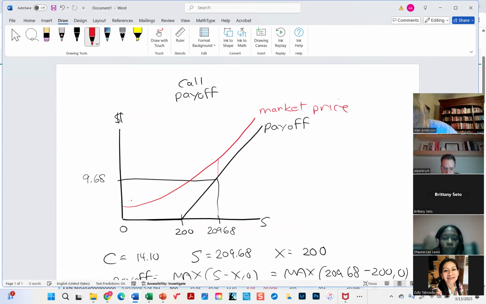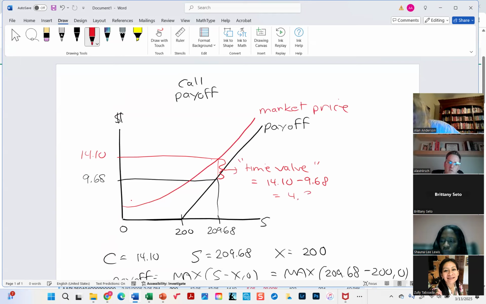And that means I'm being asked to pay $14.10 for an option whose payoff at the moment is only $9.68. The difference between the two is called the time value of the option, which is 1410 minus 968, which is 442.